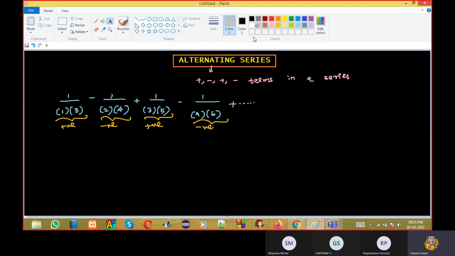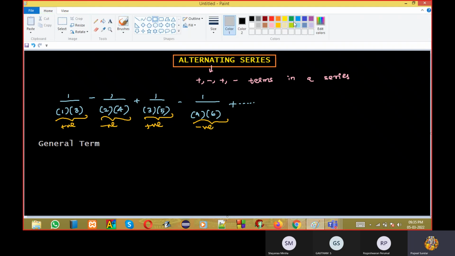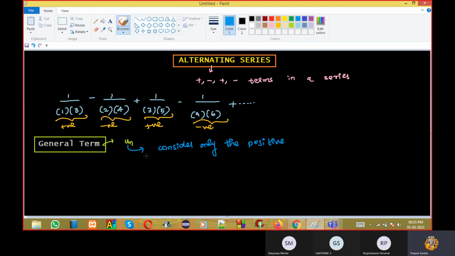Now, there's a very important concept which I'll try to make very clear: writing the general term of an alternating series. Listen very carefully. Let the general term be represented by un. When you're writing un, consider only the positive portion. I repeat, consider only the positive portion. Don't write -1 power n minus 1. Now, can someone try?